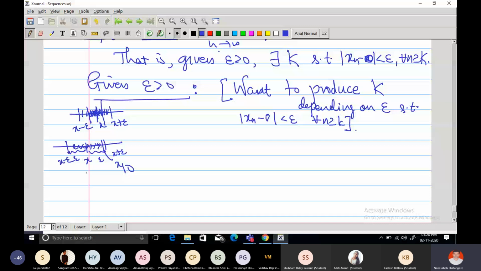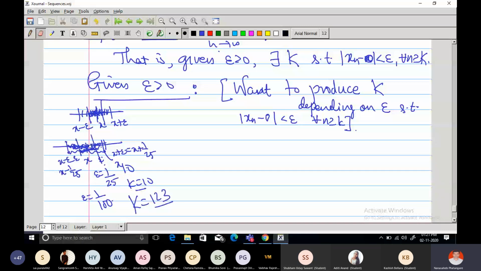But if I change my epsilon to 1 upon 100, will the same k work? No, sir. I need to choose a higher k, so I may get k equal to 123. After that, all terms are in this range because my epsilon is small. So the distance is small and therefore I need to produce a larger k so that the terms are in that range. So that's why k depends on epsilon. Is it clear? Yes, sir.